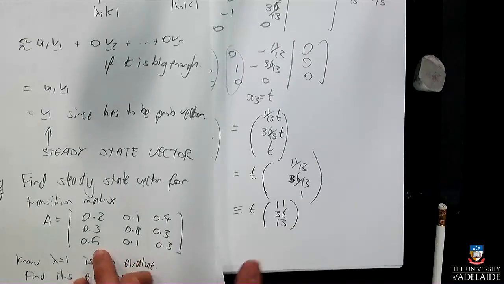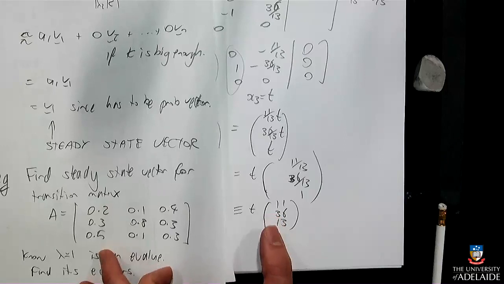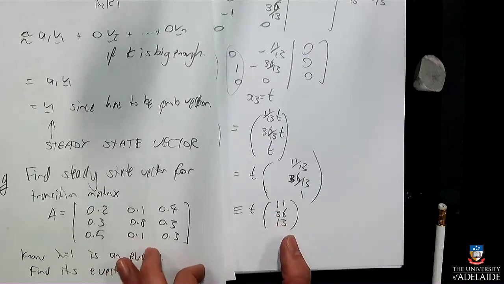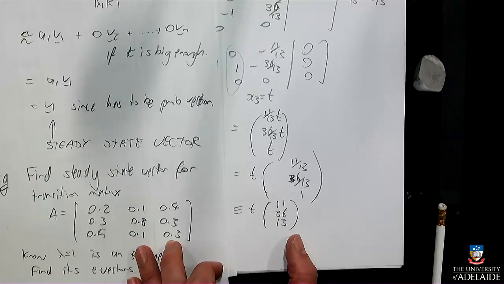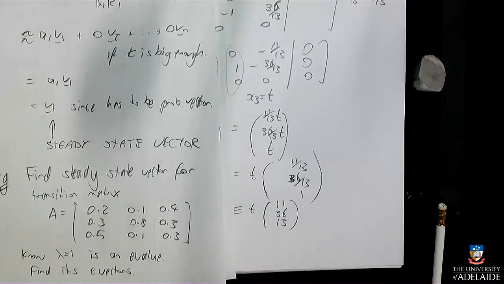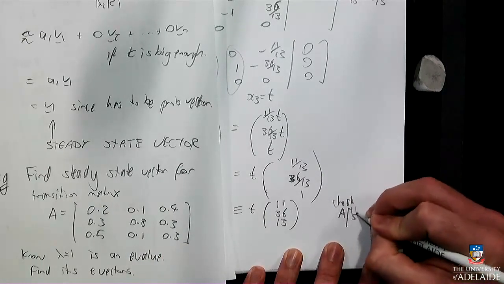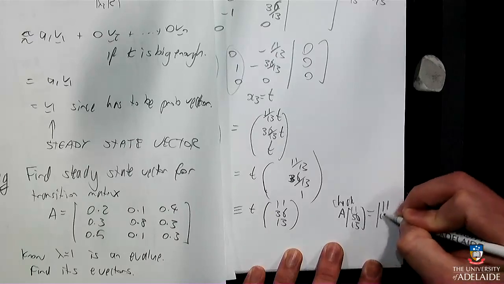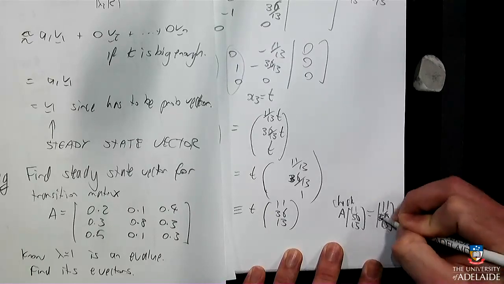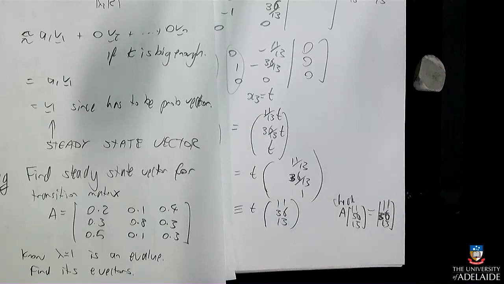Okay, 0.5 times 11 is 5.5 plus 3.6 plus 3.9 is 13. Whew, it really is an eigenvector. Awesome. So just check. A times 11, 36, 13 is indeed 11, 36, 13. So it comes out to what it came to, so it really is an eigenvector.